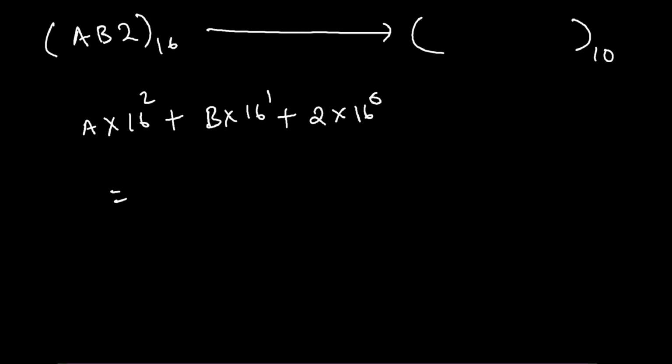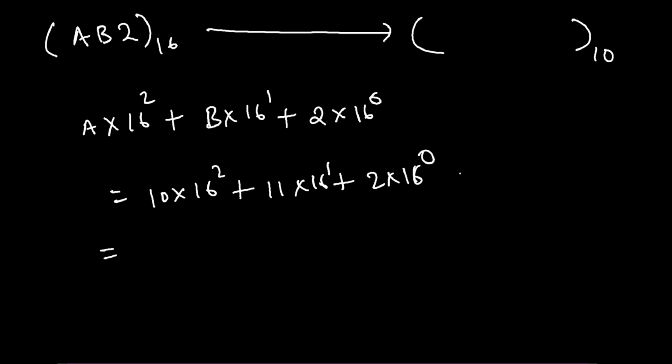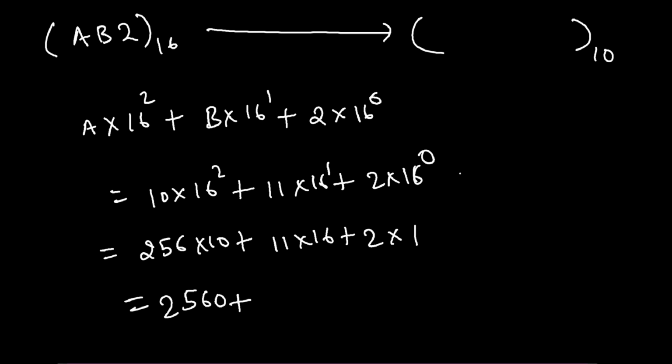A is equivalent to 10, so 10 into 16 to the power 2 plus 11 into 16 to the power 1 plus 2 into 16 to the power 0, which is 256 into 10 plus 11 into 16 plus 2 into 1, which is equal to 2560 plus 176 plus 2.